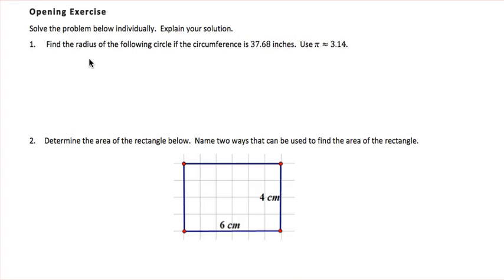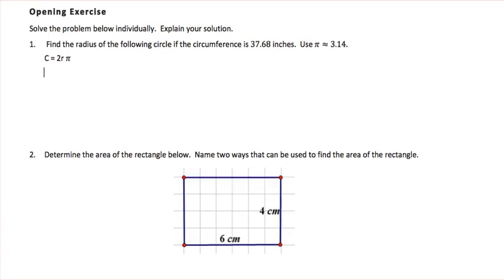So if we have the answer, remember that circumference equals 2 times the radius times pi. So working backwards then, if we know that the circumference is 37 and 68/100, we'll put in the rest of our formula, and of course putting in pi, and we'll solve for r.